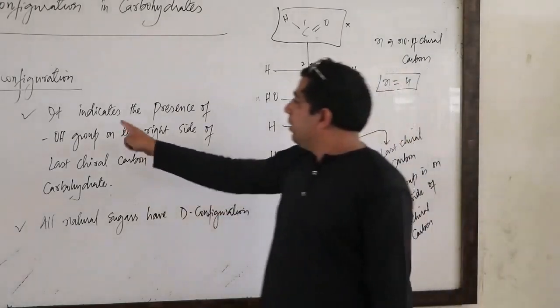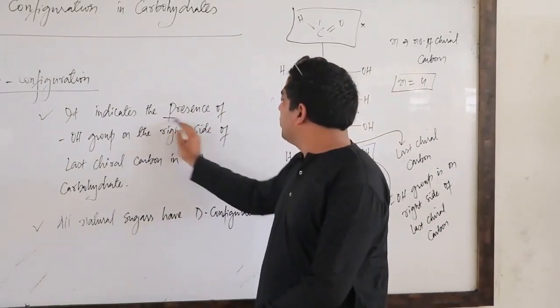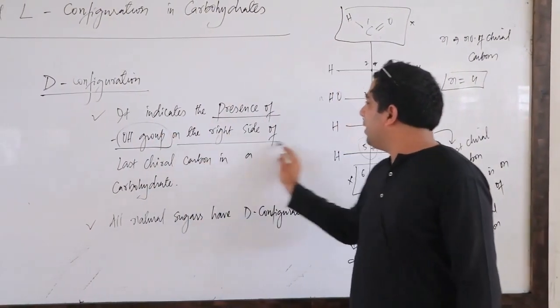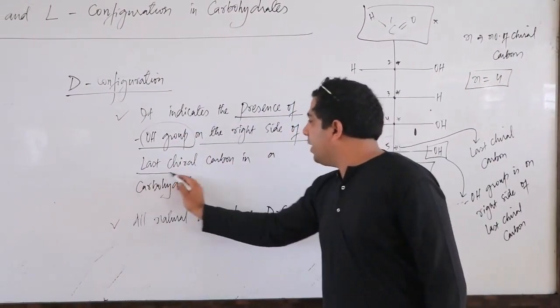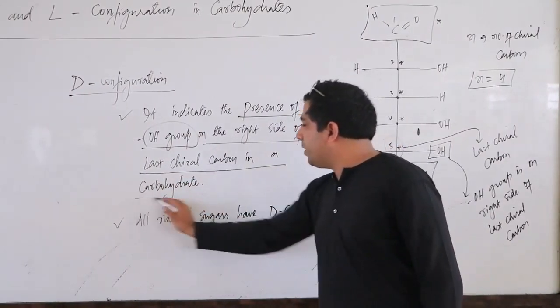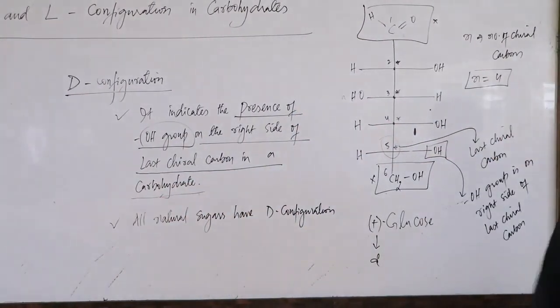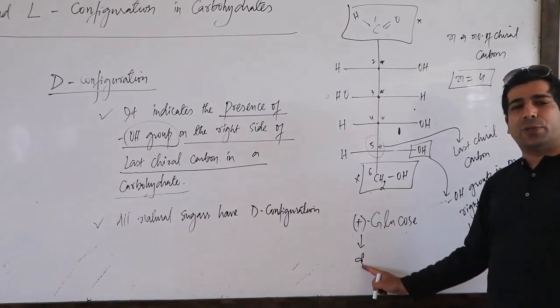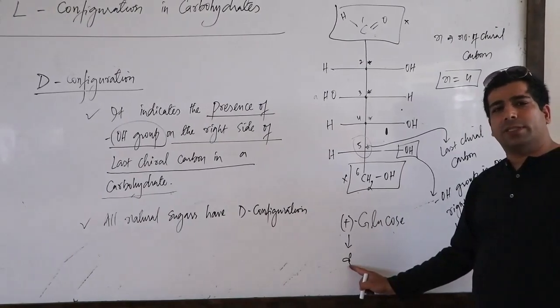Have a look. The presence of OH group on the right side of the last chiral carbon in a carbohydrate. Who is your carbohydrate? Glucose. What is the optical activity of glucose? Plus. Plus means dextrorotatory. It can rotate the light in clockwise direction.